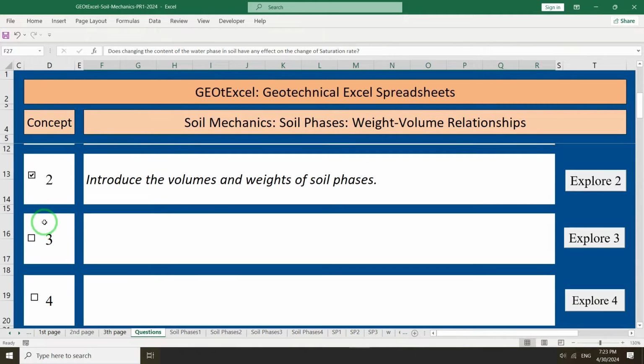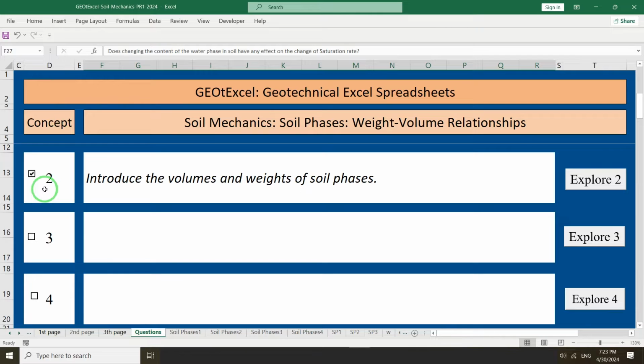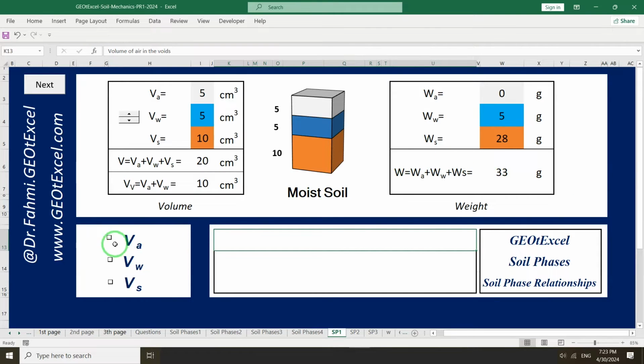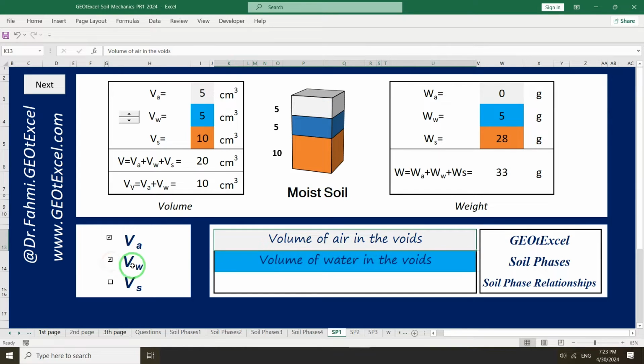Concept 2. Introduce the volumes and weights of soil phases. Explore 2. VA, volume of air in the voids. VW, volume of water in the voids.